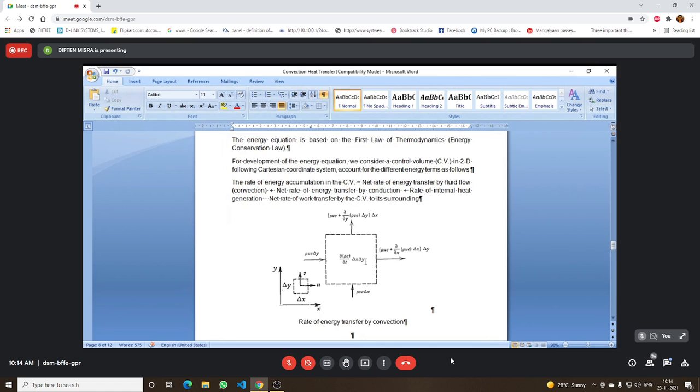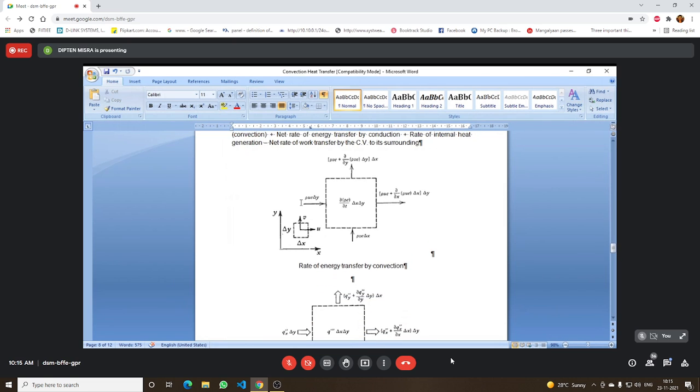Rho into delta x into delta y into 1 is the mass of the control volume. Multiply that with the specific energy, that is small e. So rho into delta x into delta y into small e is the capital E of the control volume, the total energy of the control volume, and the rate of change of that is del del t of that E of the control volume, as we call it in thermodynamics.